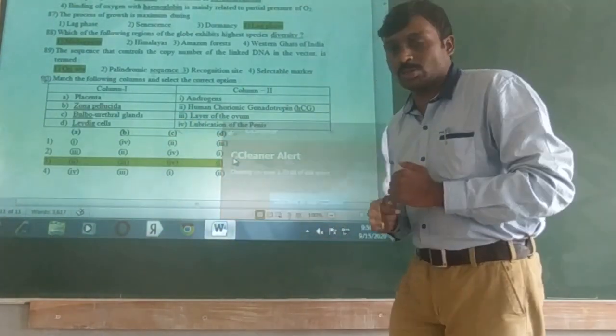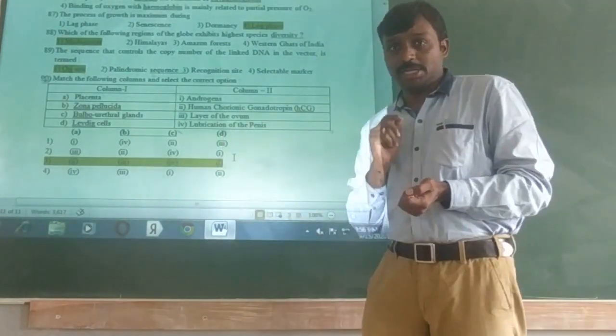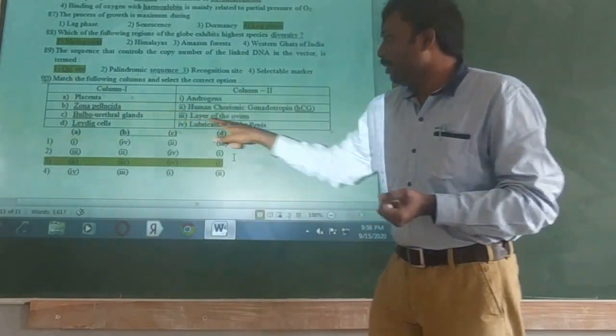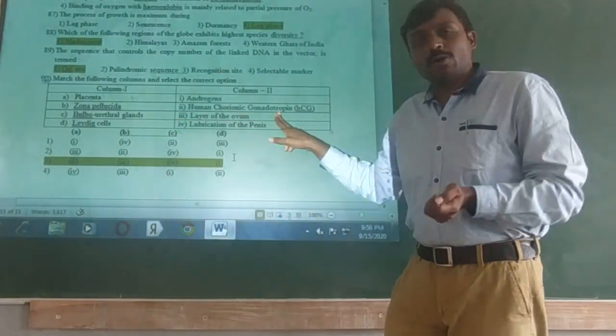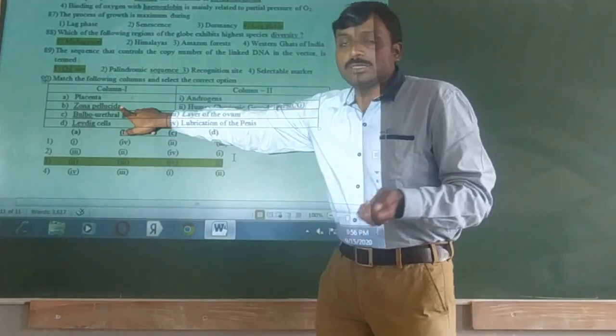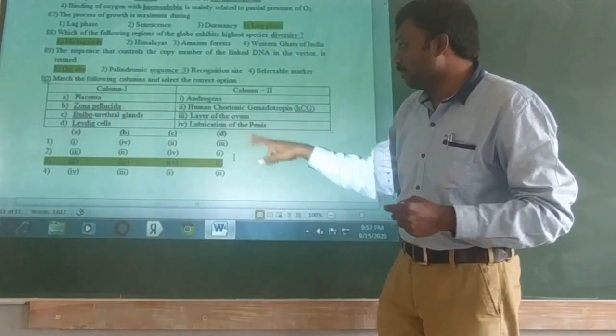Then coming to the last question, the 90th question, this is again from our human reproduction chapter under the second year syllabus. Placenta synthesizes HCG, human chorionic gonadotropin. Zona pellucida is an ovum layer, the layer around the ovum.